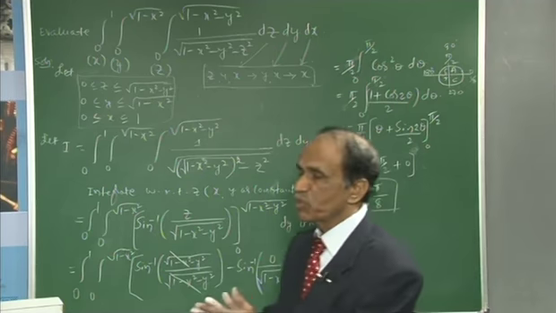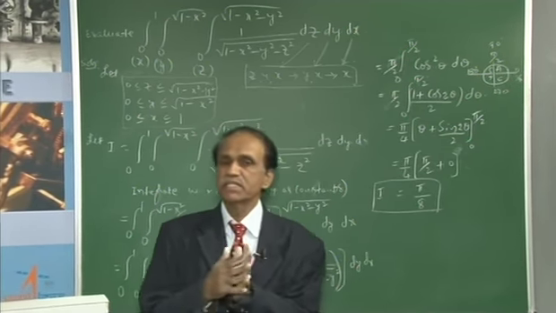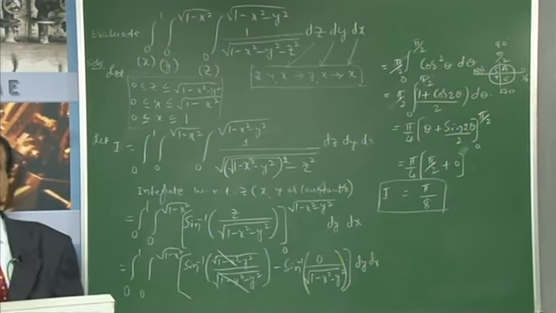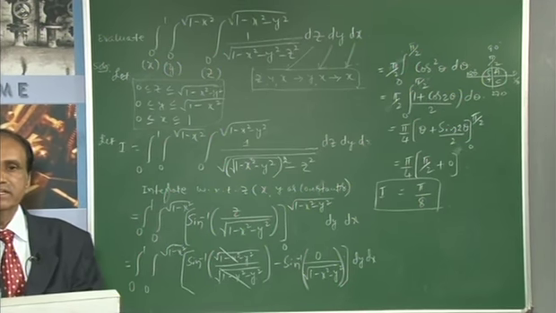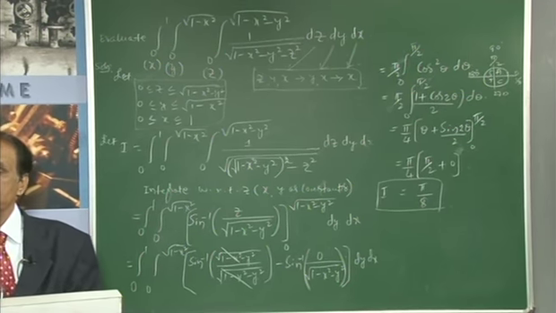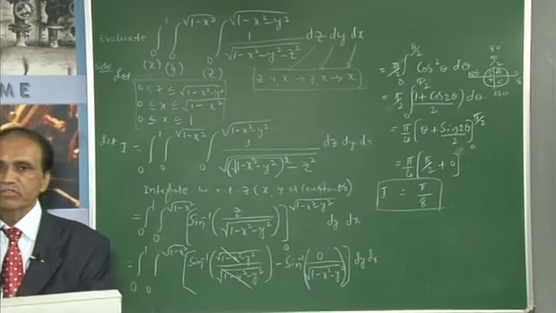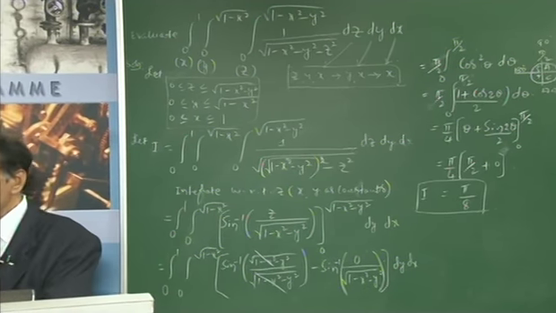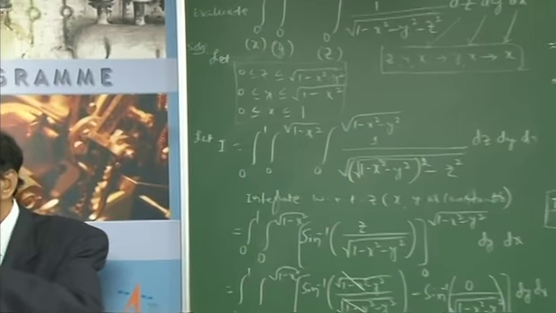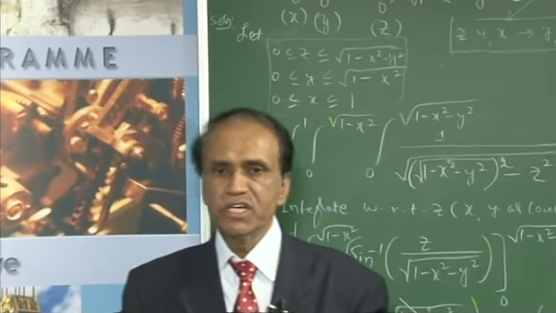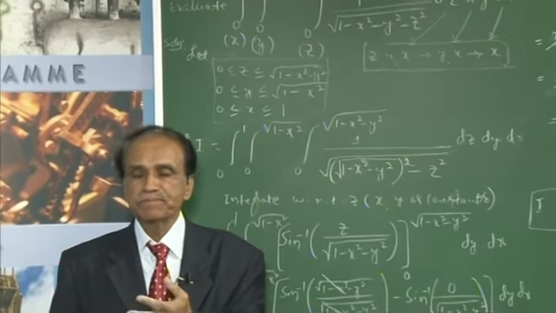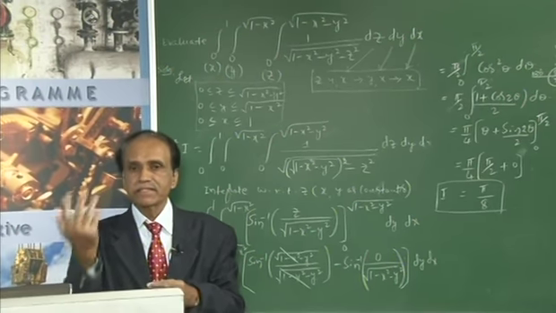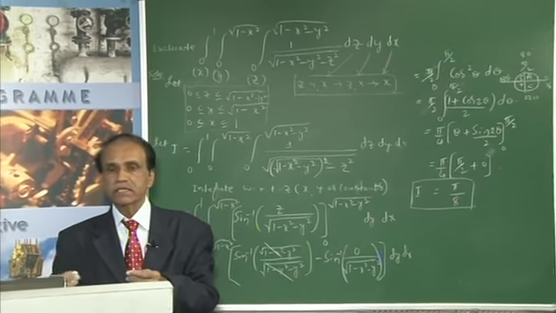What we understood in this problem is, when a triple integral is given with respect to 3 symbols, that is 3 variables, then you have to consider the first innermost integral. You have to be very careful when you are choosing the innermost integral, which is given with what kind of limits, the second integral which carries what kind of limits, then the third integral what kind of limits.